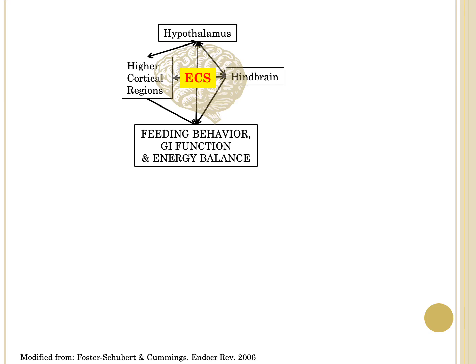The endocannabinoidal system uses endocannabinoids, and the endocannabinoids are going to modulate the receptors of leptin and ghrelin, insulin, and adiponectin. By modulating the responsiveness to these receptors, we can change both feeding behavior as well as gastrointestinal functioning and energy balance.